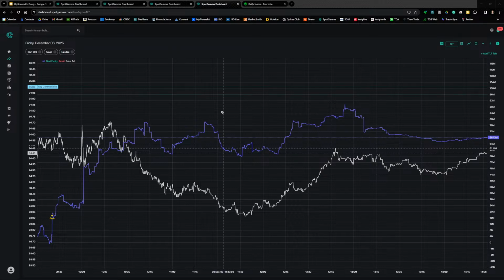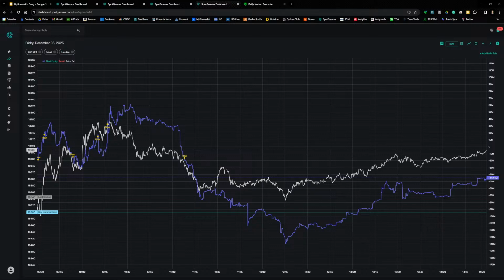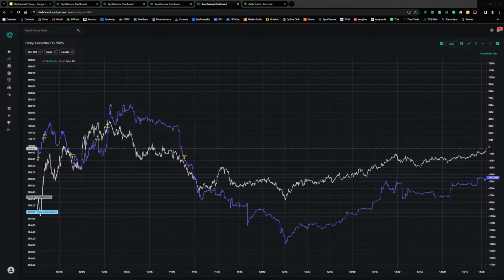All right, Grizzly Bull wants to take a look at IWM. So overall net negative delta for IWM right around 10:15. Hero signal started to move lower, then price responded.